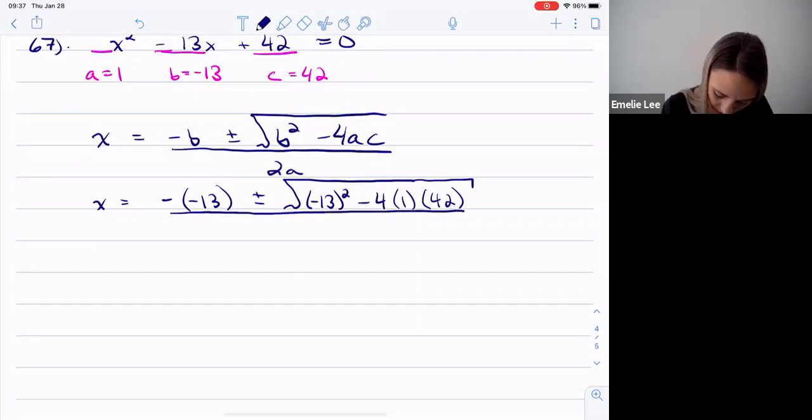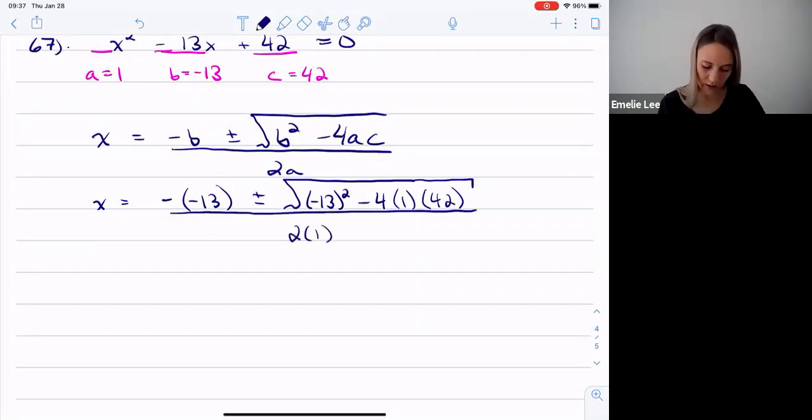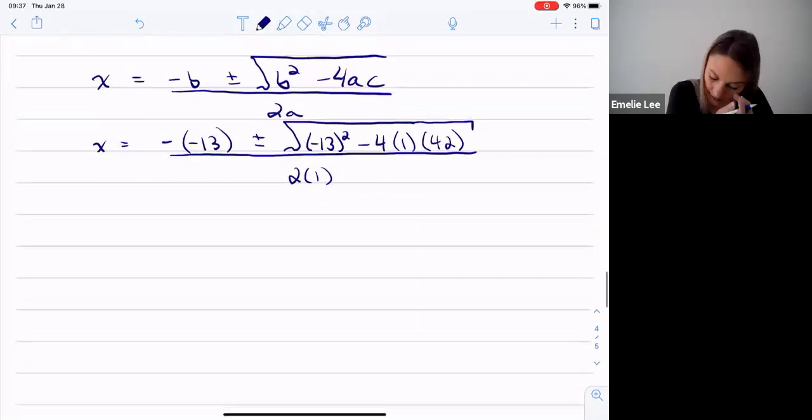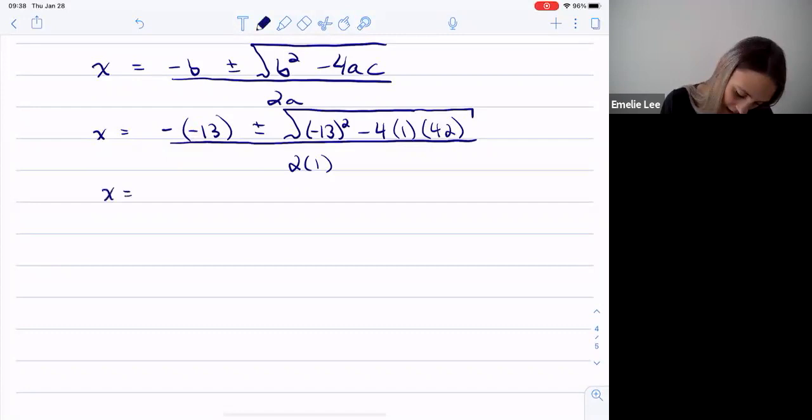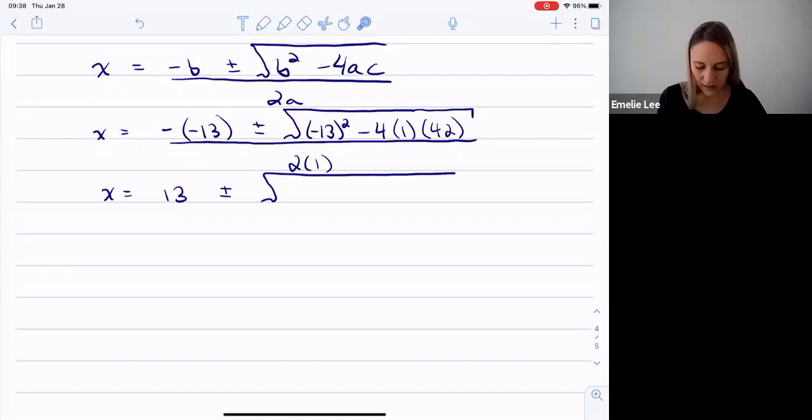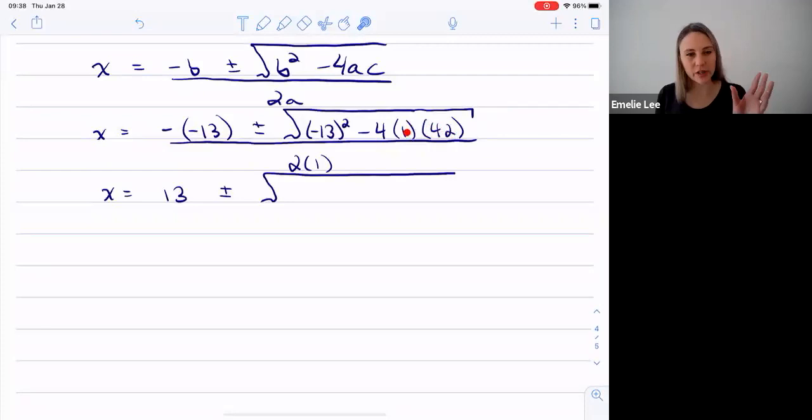All divided by 2 times 1. Negative times a negative becomes a positive, so I get x is 13 plus minus. Then I'm going to simplify under the square root, making sure I follow BEDMAS.